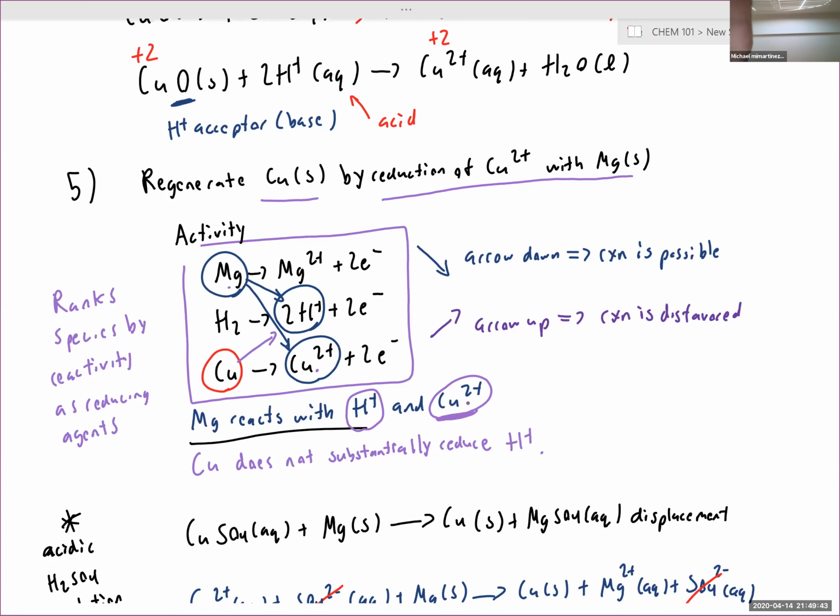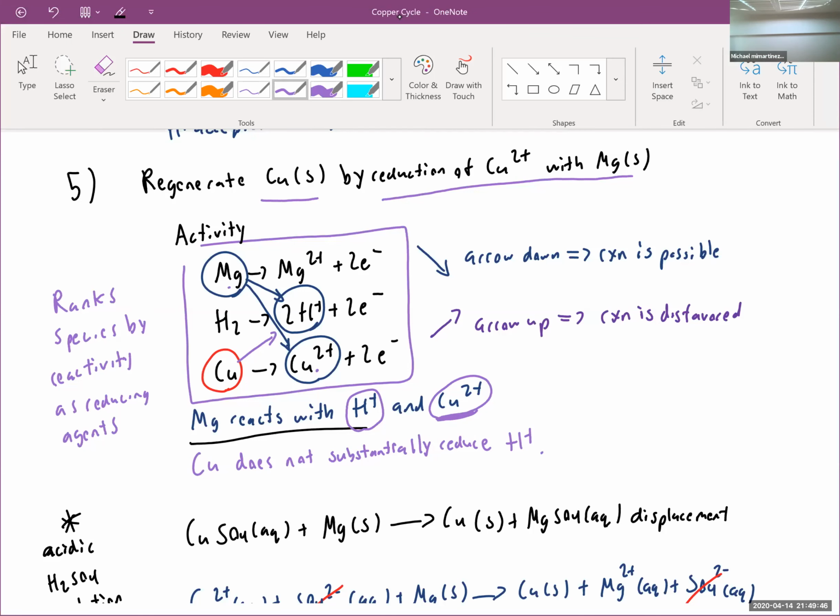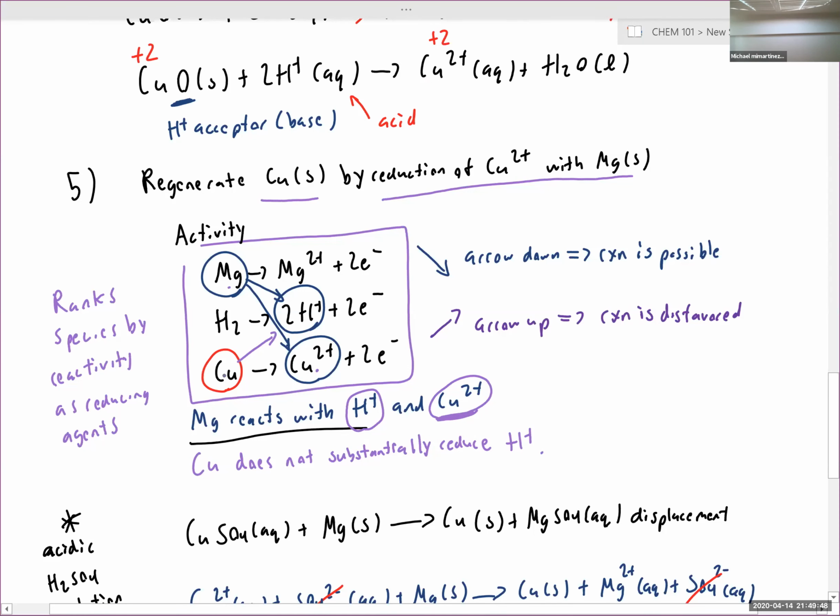Okay, now another thing that I want you to pay attention to: if your arrow from your metal to your ion is pointing up, the reaction is disfavored. So copper is commonly used in pipes for drinking water, it used to be, and it's generally thought of as a quote-unquote noble metal or pseudo-noble metal in many cases because copper is not very reactive.